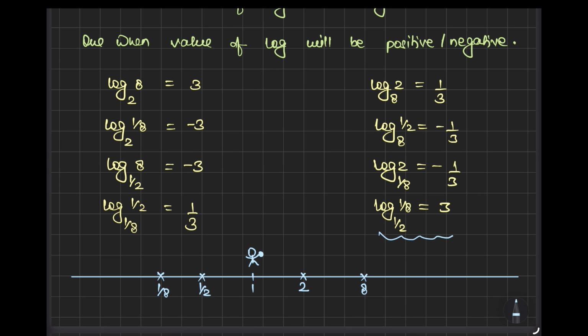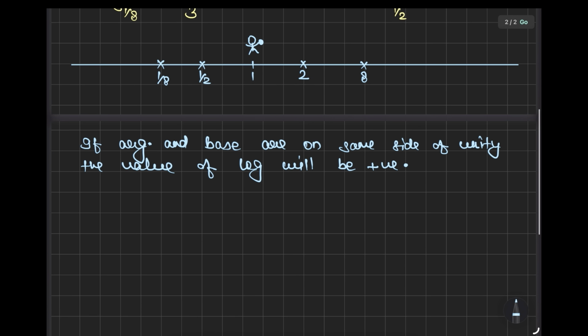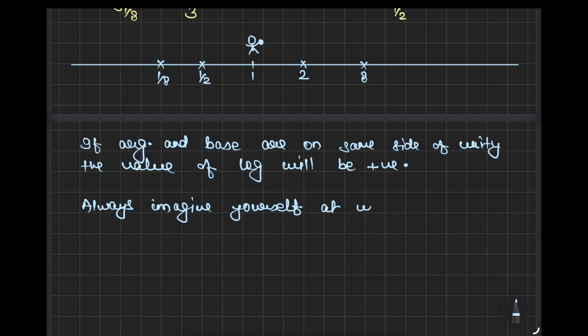Here it is correct: 1 by 2 comes first if you are standing here, and then you get the argument. So I'll write: always imagine yourself at unity.